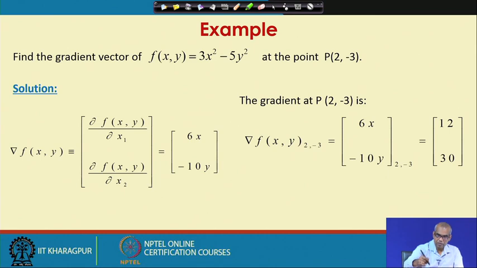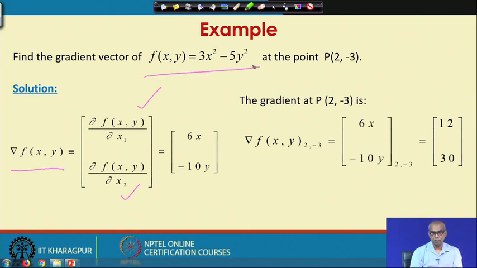The gradient vector will have components del f del x 1 and del f del x 2. Del f del x from this expression is 6x. Similarly, del f del y is minus 10y.